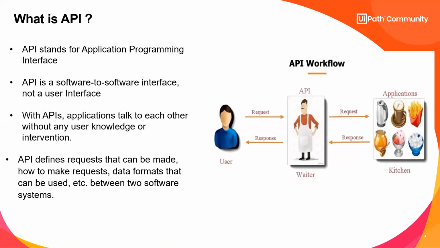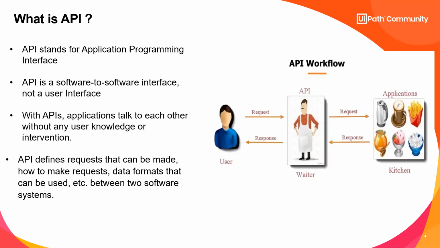Whenever you think of an API, think of it as a waiter, which is taking your request back and forth between applications or databases and devices to deliver data and create the connectivity.